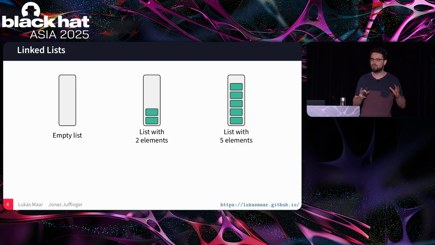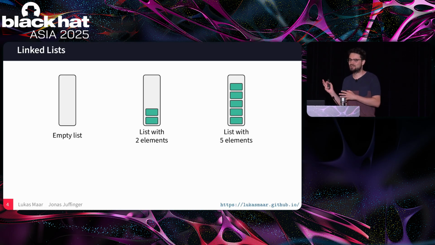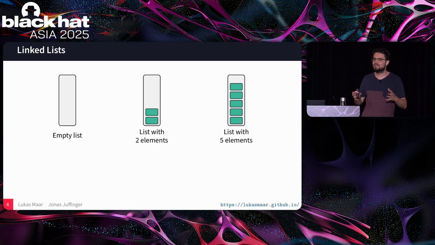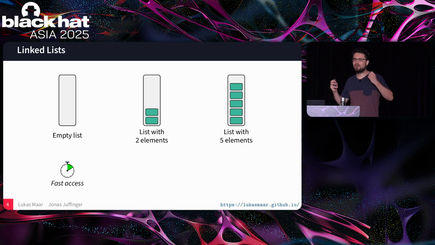Okay, let's do a short background on linked lists, because they're the basic building block of our side channel. I think probably most of you implemented some linked lists in some programming beginners course some time back. Just a short reminder, it's a simple data structure that holds elements of the same type. If it's empty, accessing a linked list obviously is pretty fast.